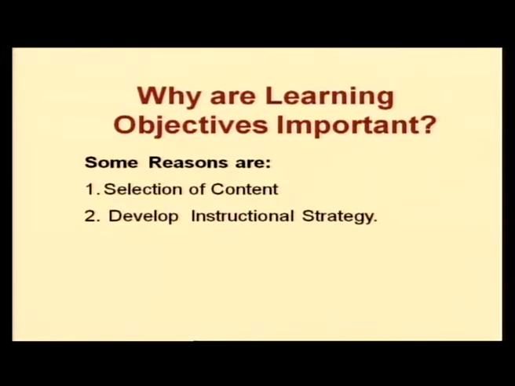Second point is to develop instructional strategies, and that is the reason why we write down the learning objectives. Now, what are learning strategies? Again, if I give the same example of malnutrition, let us say the objective is to list the causes of malnutrition. What strategy will the teacher adopt to transact the causes of malnutrition?